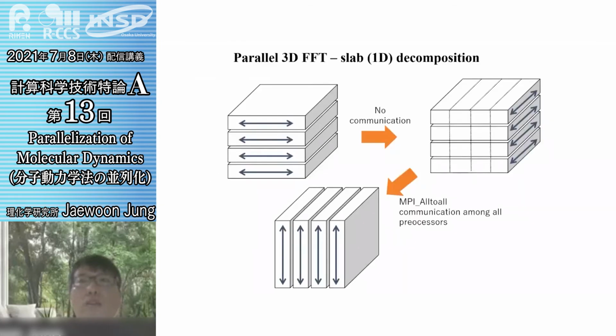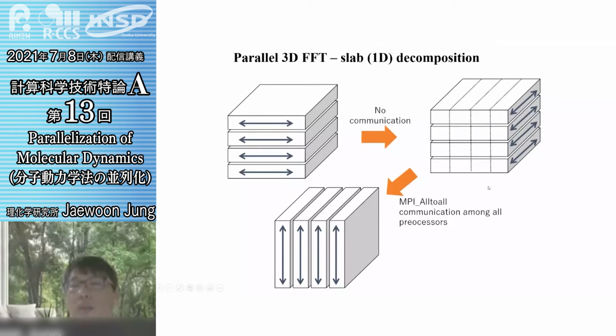So for one-dimensional FFT, we have the scheme in this way. First of all, in this direction, we perform FFT. And then we perform FFT in this direction. In this case, because each processor has the global data of this direction, no communication is necessary. And after performing FFT in this direction, next you want to perform FFT in this direction. But in this case, this processor has only partial data, does not have the global data of this one.